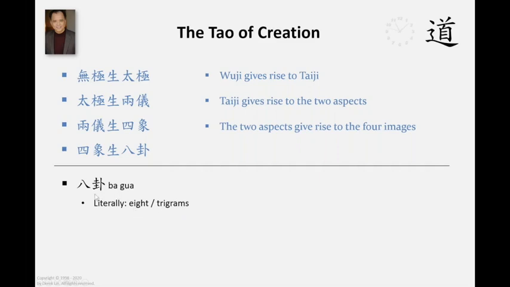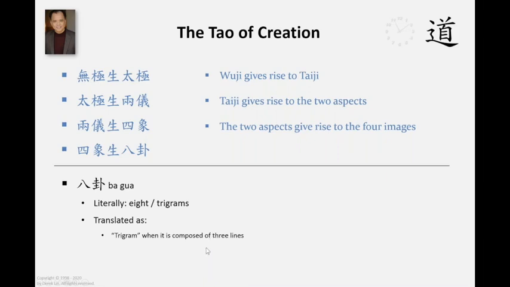Now, gua, the second character, in this case, is translated as trigrams, but the same character appears in reference to I Ching, the Book of Changes. And there, it's translated differently. Here, it is trigrams because you're going to see that it's composed of 3 lines, broken lines and complete lines.